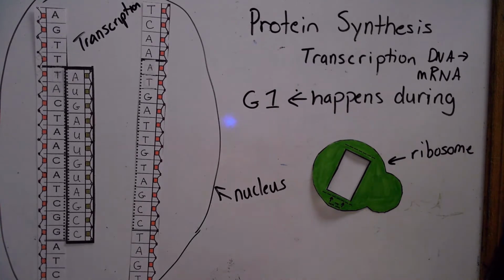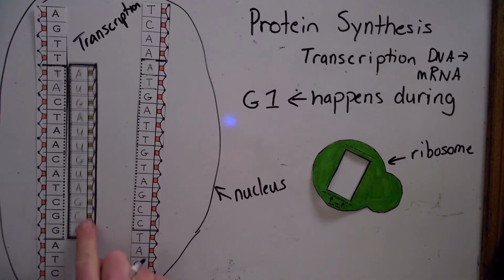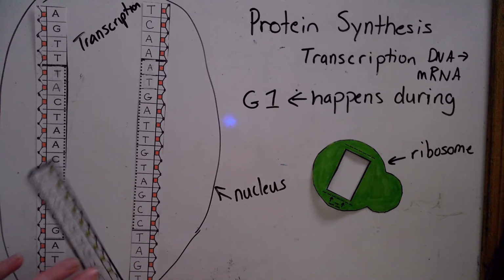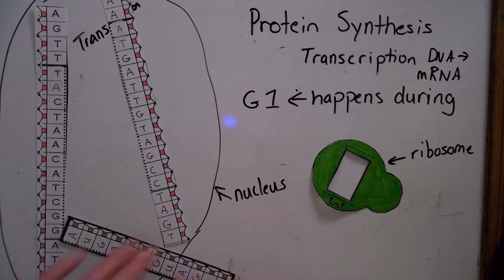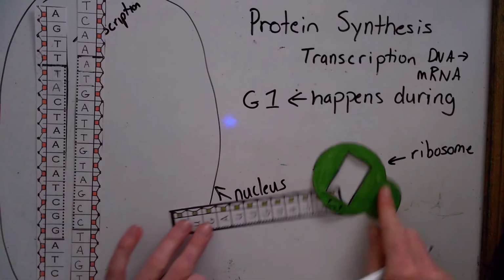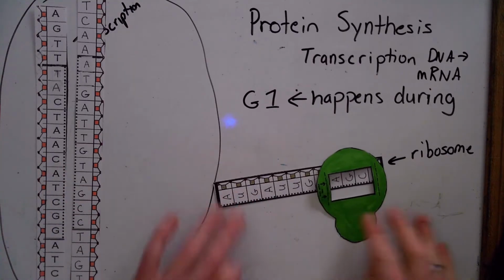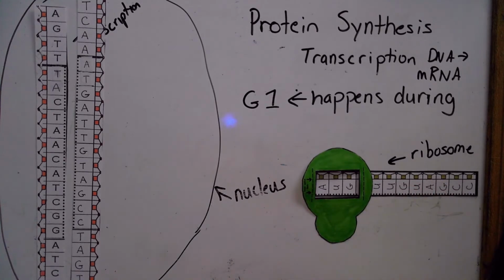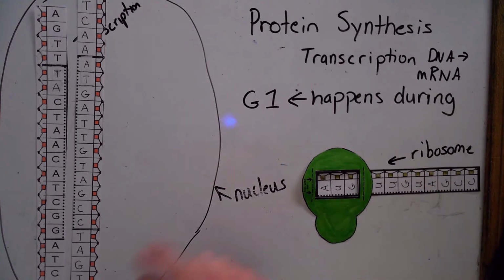So that's what messenger RNA does, it's going to take this message and remove it out of the nucleus and take that information to the ribosome where it can be read. Okay, so messenger RNA delivers the message.